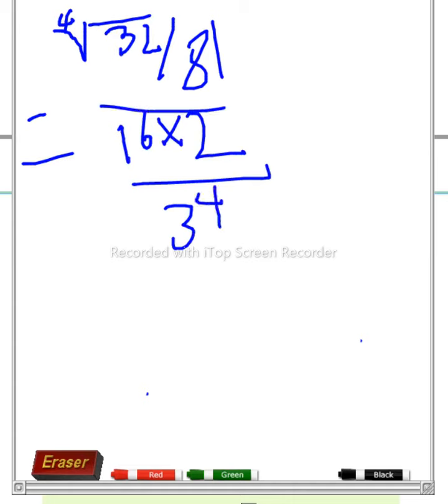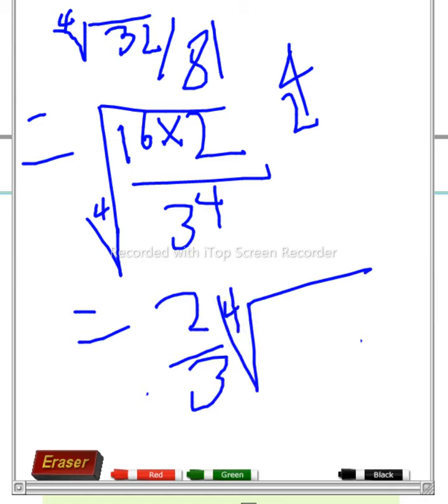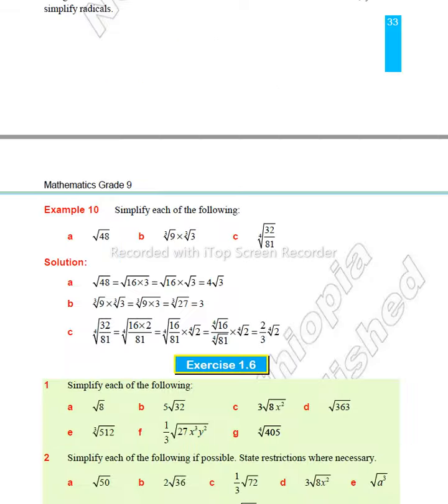So as we know, 16 means 2 to the power of 4. So the 2 will come out. Here we have 2 over 3, the 4th root of 2. So the final answer is this. So we can check that we are correct.